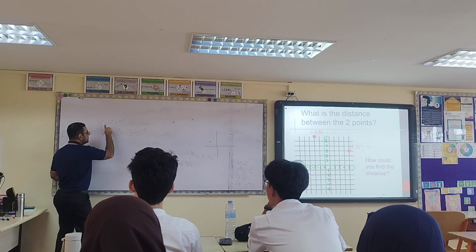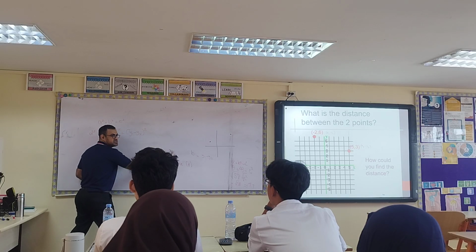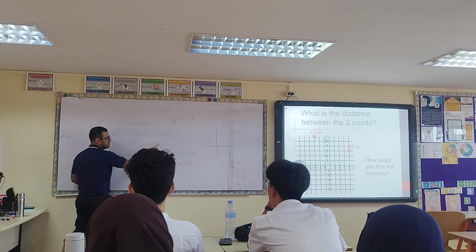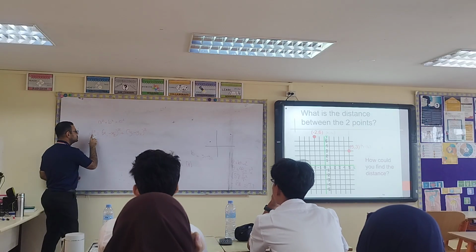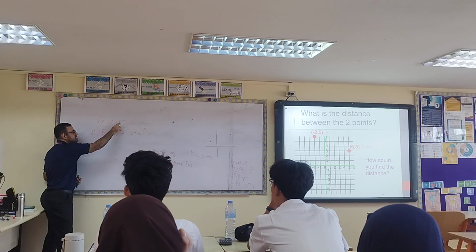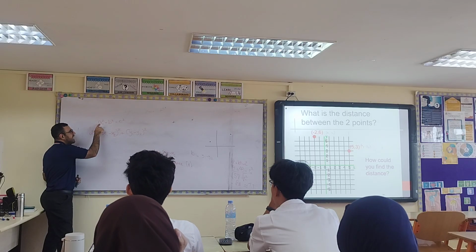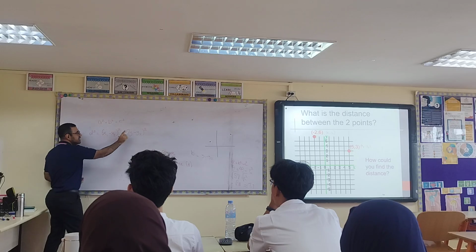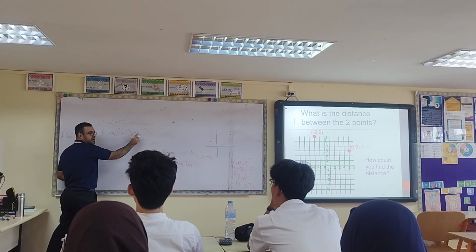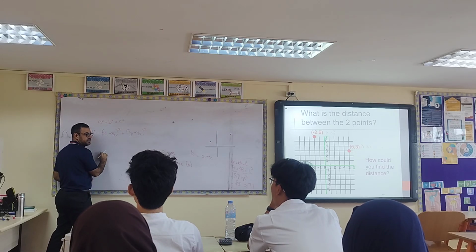I change A with x1 minus x2. I change B with y1 minus y2. I change C with the distance, which is d squared. So here plus C squared, I make it d squared. Here A squared, I make it x1 minus x2 squared. And B, y1 minus y2 squared as well.